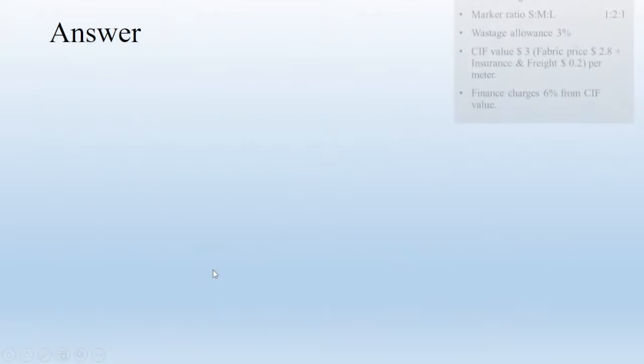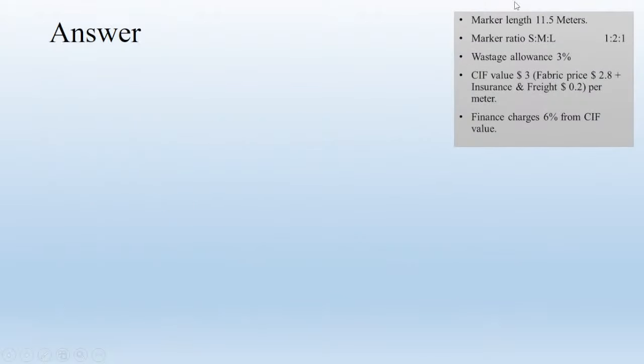Now how do we calculate? Now this is the question I keep aside. Consumption: marker length divided by number of pieces, which is 4. It's 2.875 meters per piece required. This is the fabric requirement per piece, 2.875.